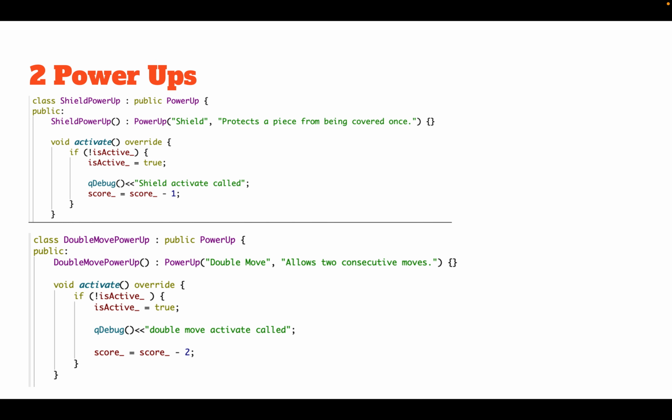It allows 2 moves in 1 turn, so a player can place 2 pieces in 1 turn. Because I think it's more powerful than simply the shield power up, I made the score deduct 2 points if the player decides to use a double move power up. So those are the 2 power ups that I implemented, and they are inherited from the power up class.